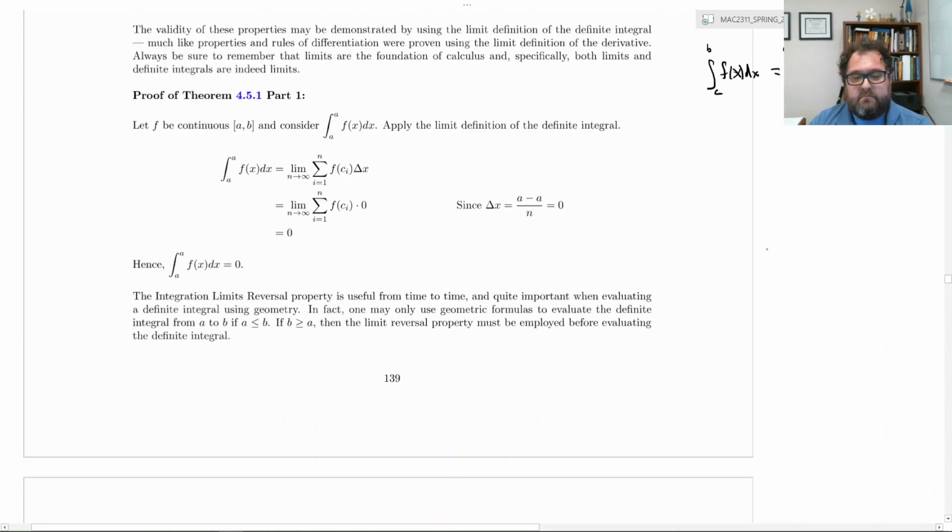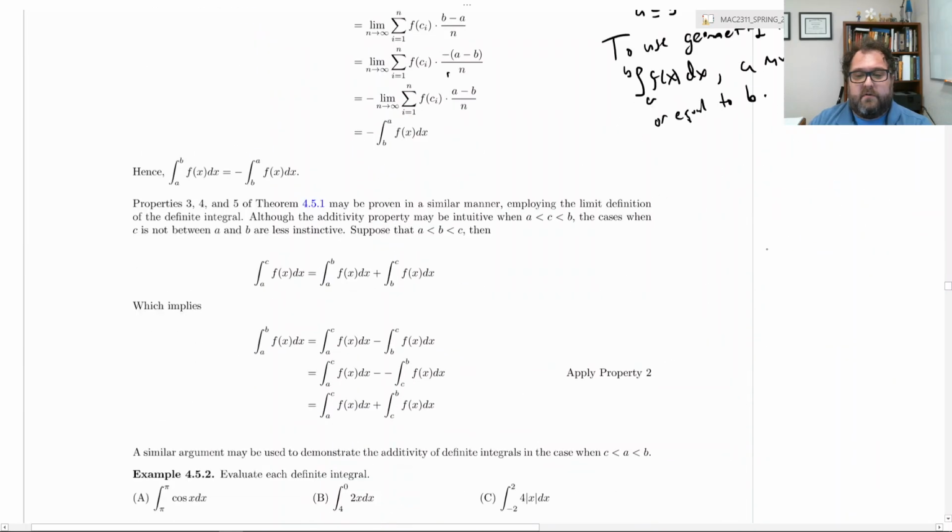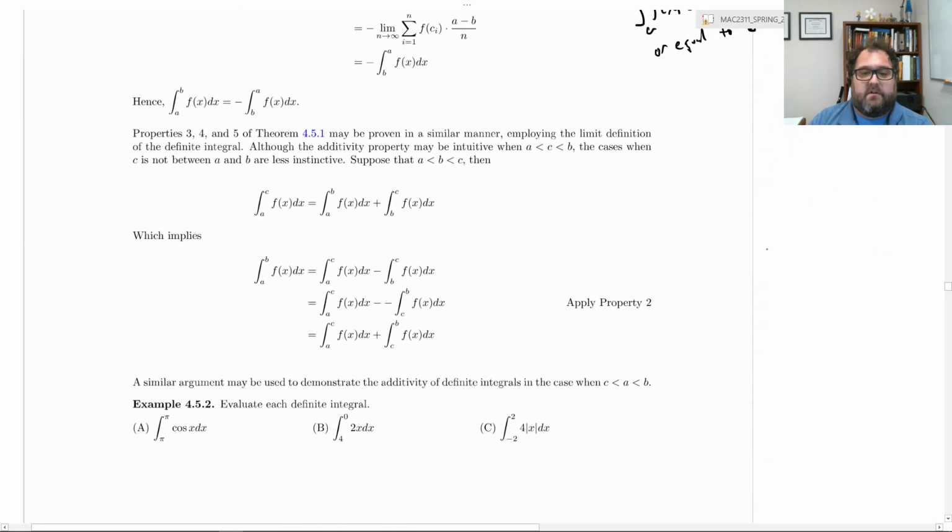Okay. Here's the formal proof. Suppose that a is less than b is less than c, that is, c is to the right of b. Well, you know that the integral from a to c is equal to the integral from a to b plus the integral from b to c.